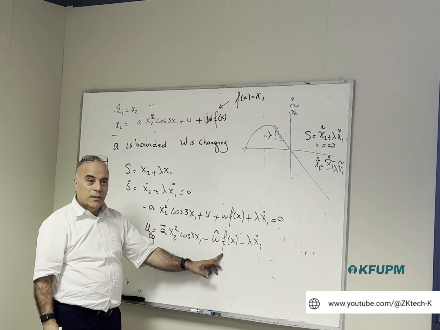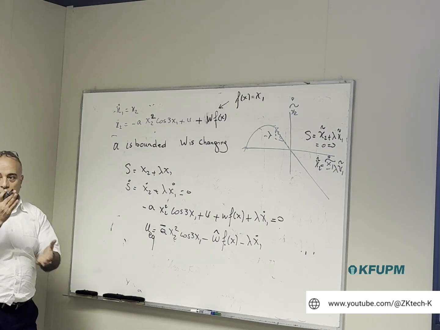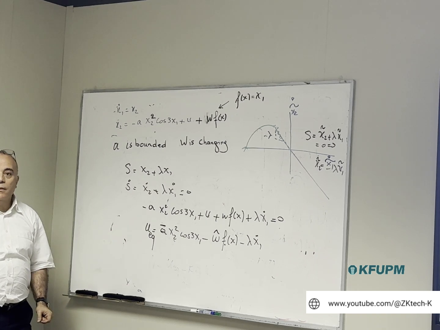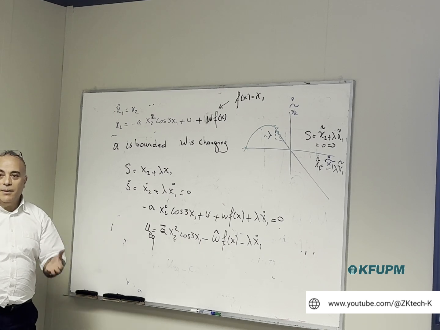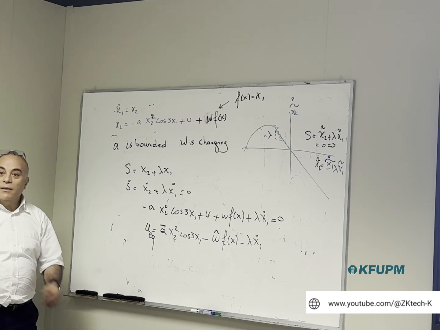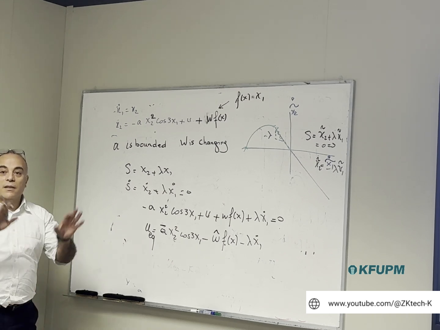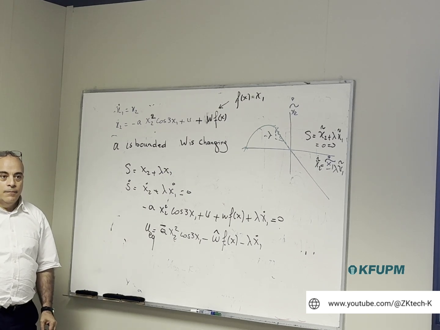So W I can estimate, but A bar is the bounded value or the nominal value. Basically, when it's bounded, it's almost like we ignore it. We are not trying to estimate it. We consider the worst case scenario. This is what this controller is doing.